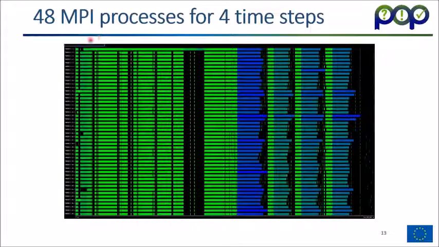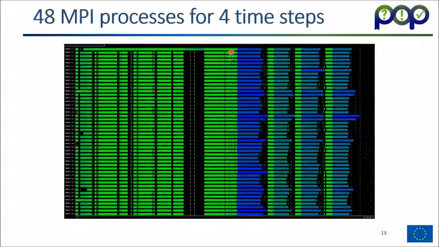And so if you go down the y-axis in this trace, each line represents a different process in this 48 MPI process job. And we have time along the x-axis.